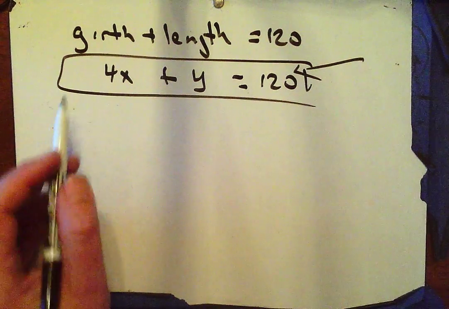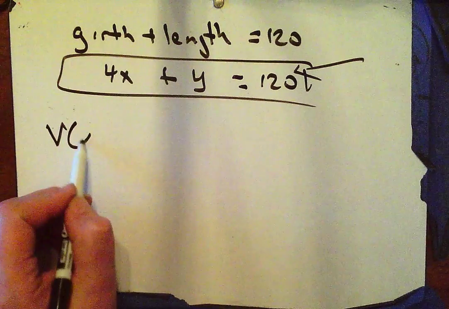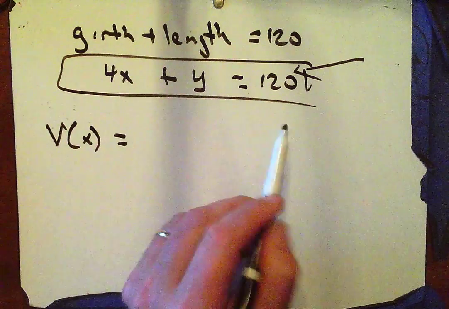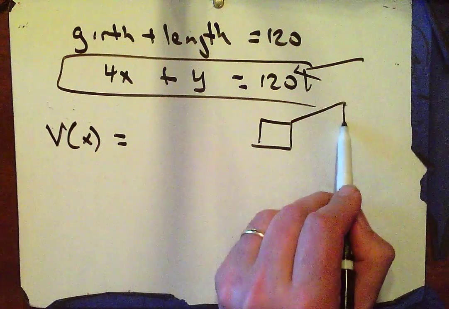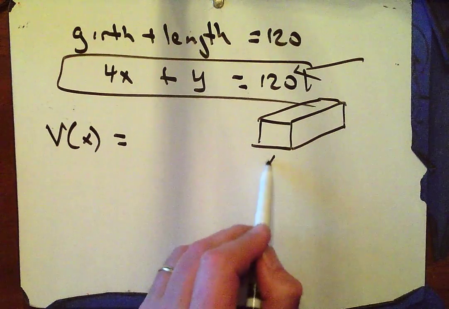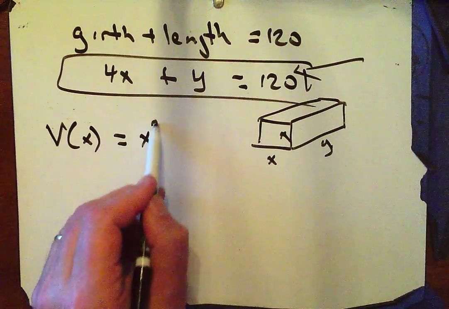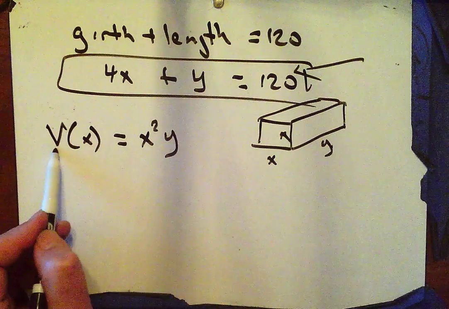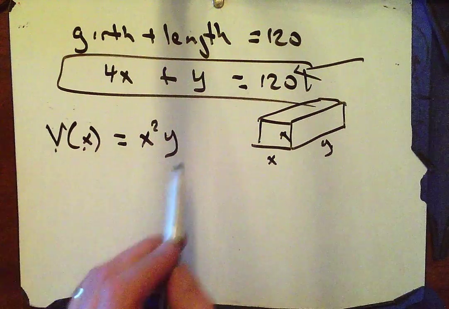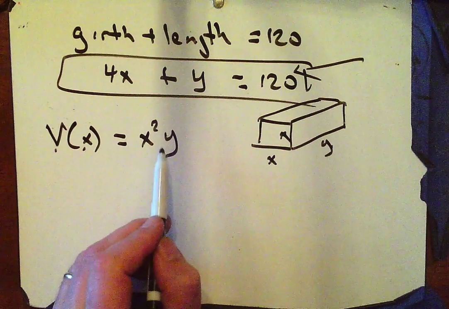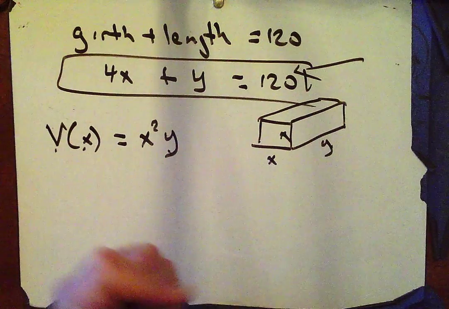Now, what is it that we're trying to do? We're trying to build volume in terms of x. Well, if I look at this shape and I think about the volume, I think about x times x times y, or x squared y. But our volume needs to be in terms of x's, and right now I don't have that. I got this y here that needs to go.